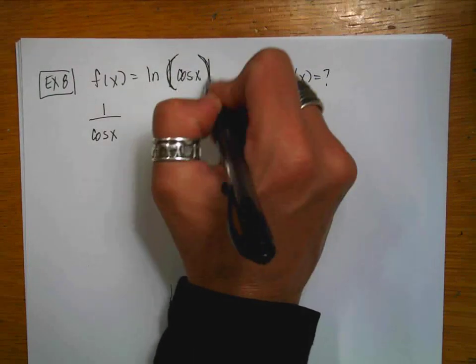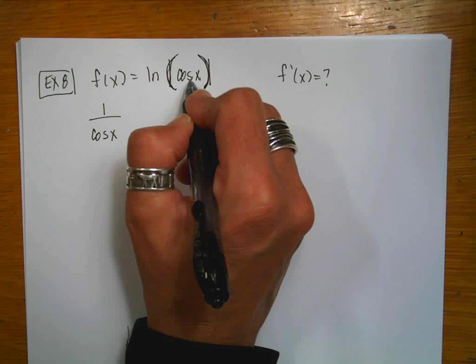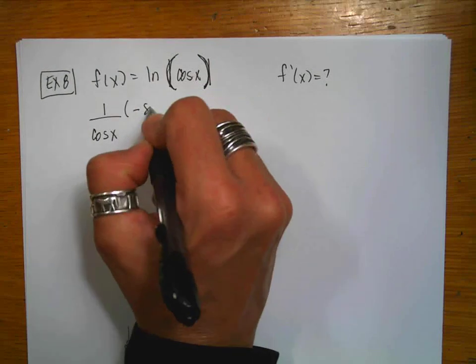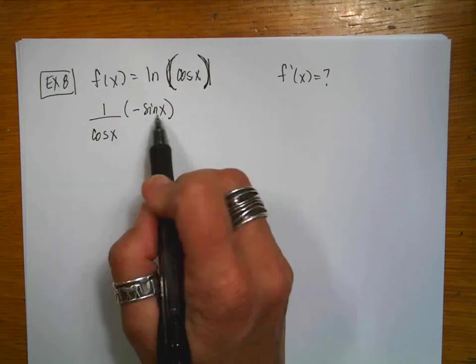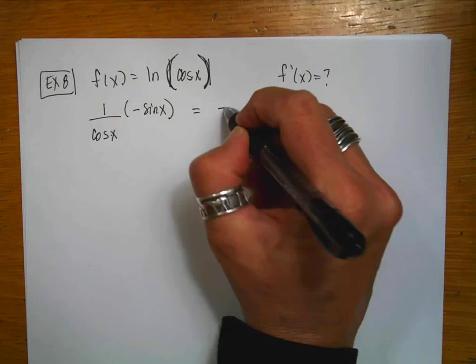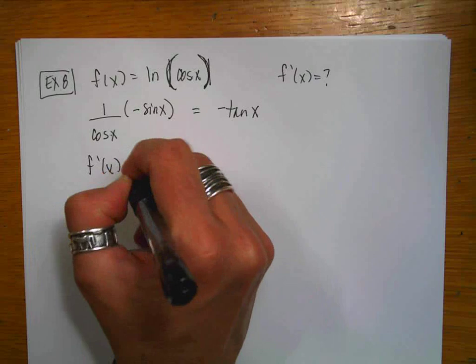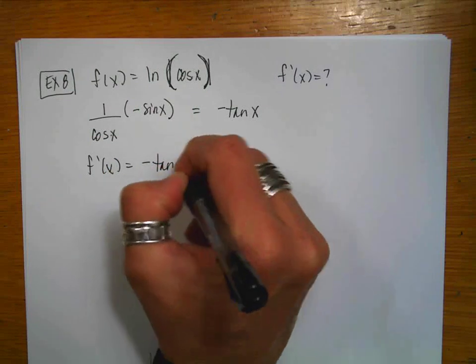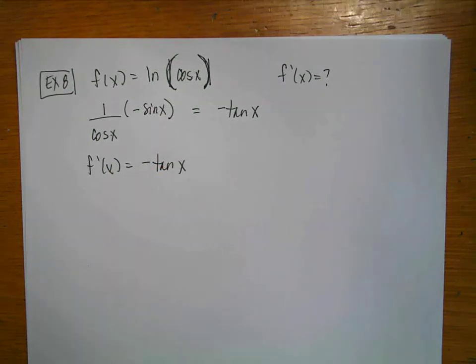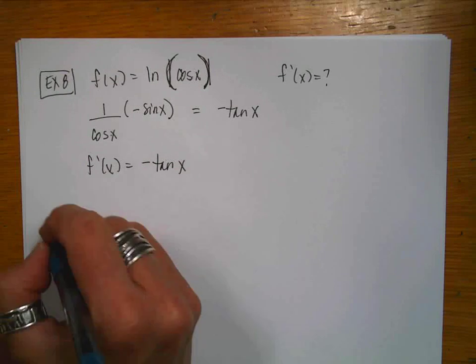And actually, I think that's not absolute value. I think those are just regular parentheses, times the derivative of the inside, which is a negative sine x. Well, sine divided by cosine is a negative tangent of x. So I would write that f prime of x is a negative tangent of x.